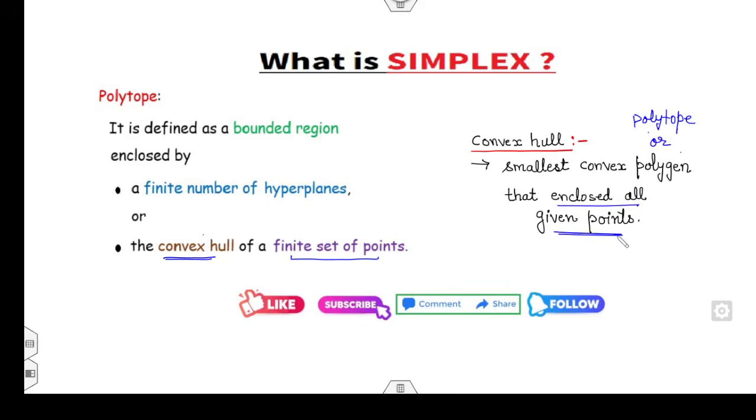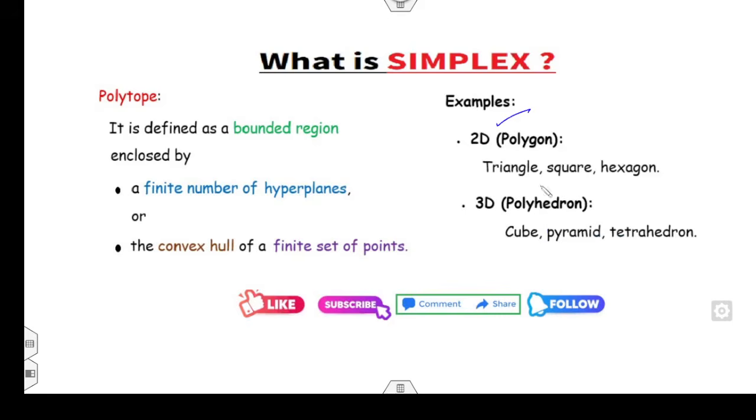If you have points, then joining them gives a region, like in 2D it is called a triangle, square, hexagon and so on. But if you consider 3D, then we can call it a cube, pyramid, tetrahedron and so on. Clear?